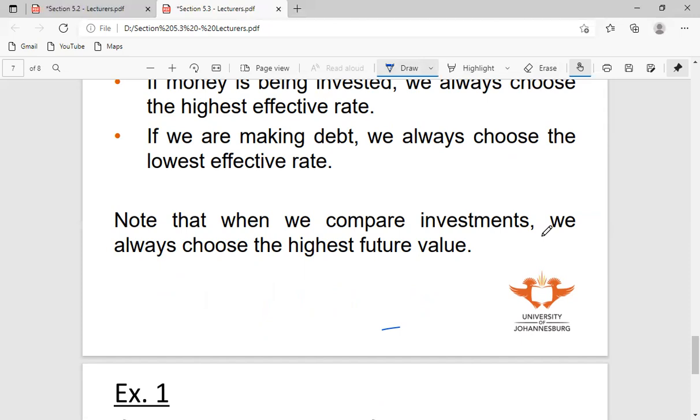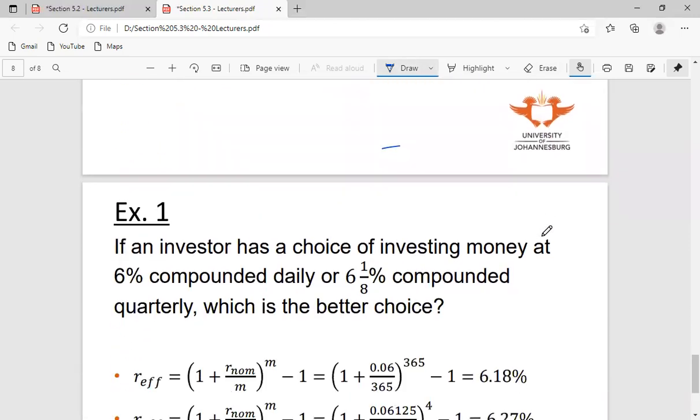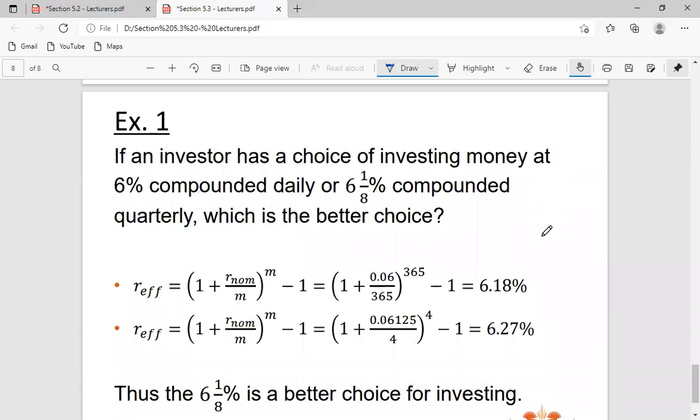Okay, let us look at a few examples of these before we go. So this example says an investor has a choice of investing money at 6% compounded daily or 6 1/8% compounded quarterly. Which is the better choice?